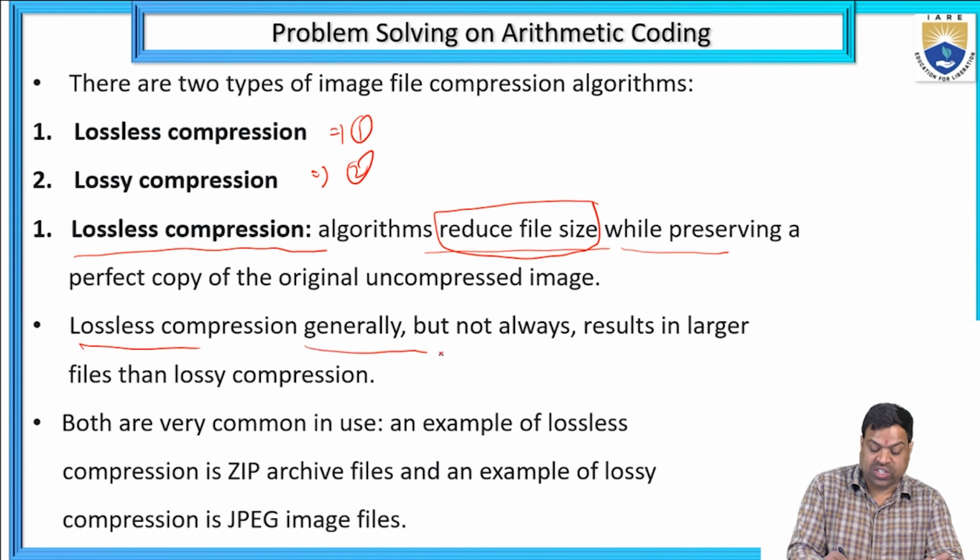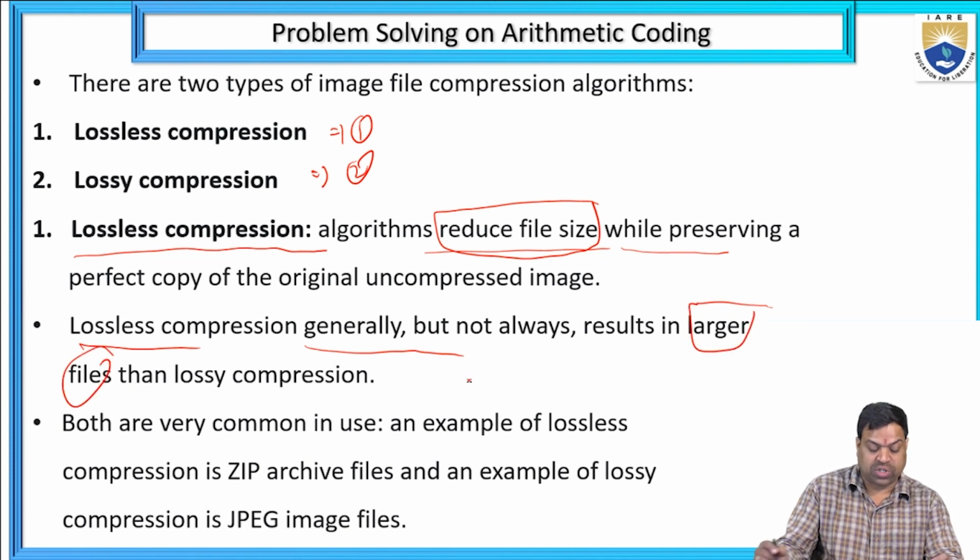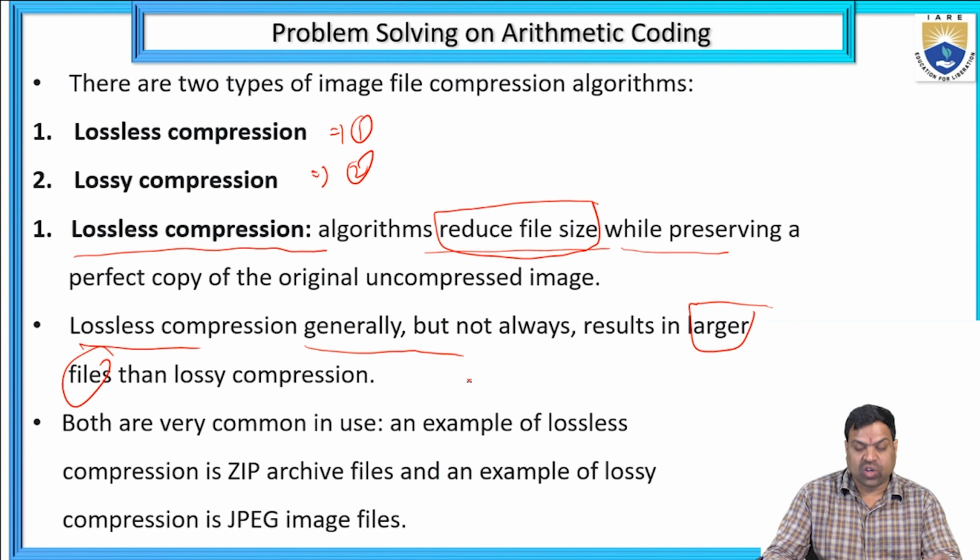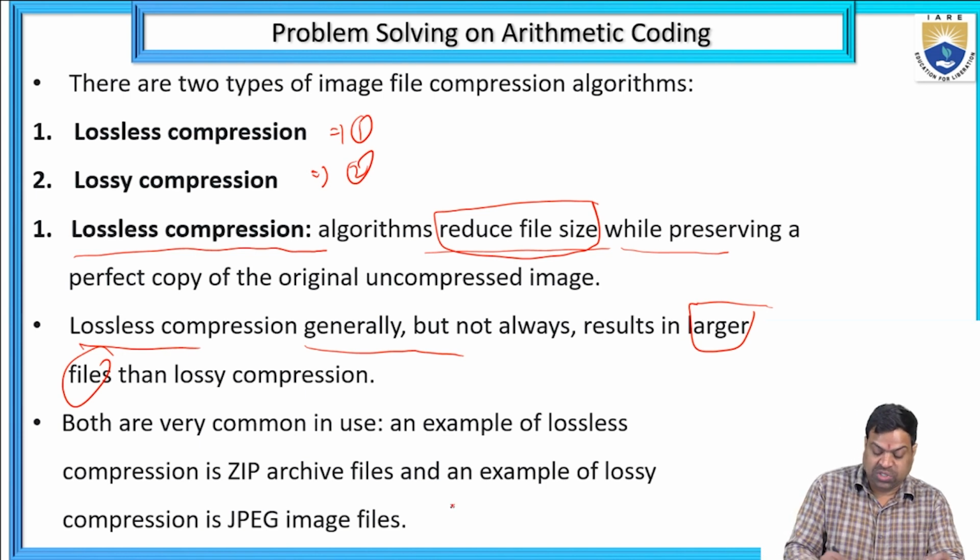Lossless compression generally, but not always, results in larger files than lossy compression. Both are very common in use. An example of lossless compression is a zip archive file. An example of lossy compression is JPEG.